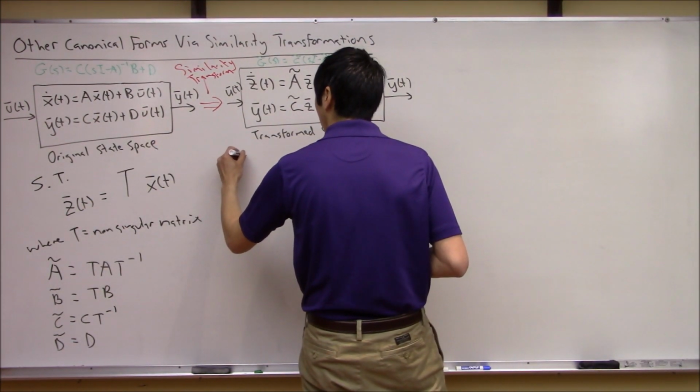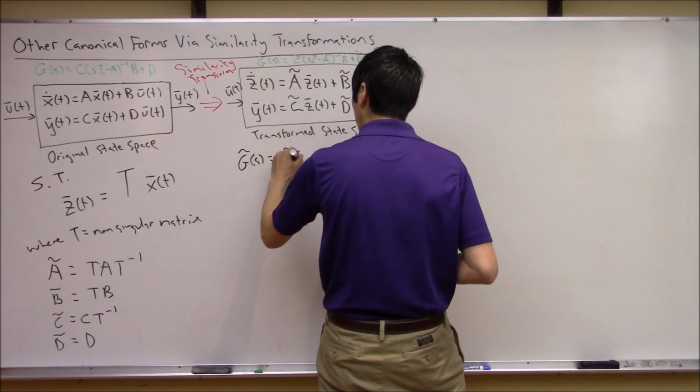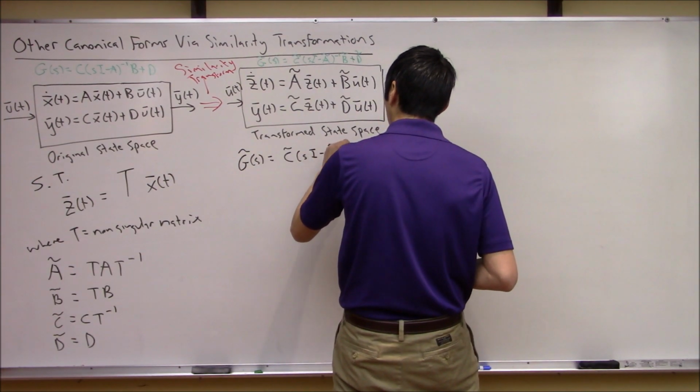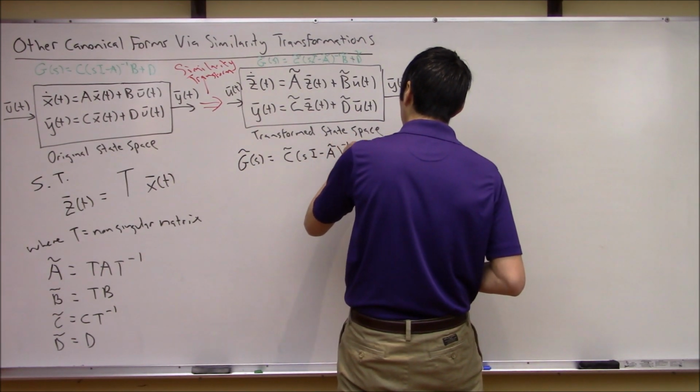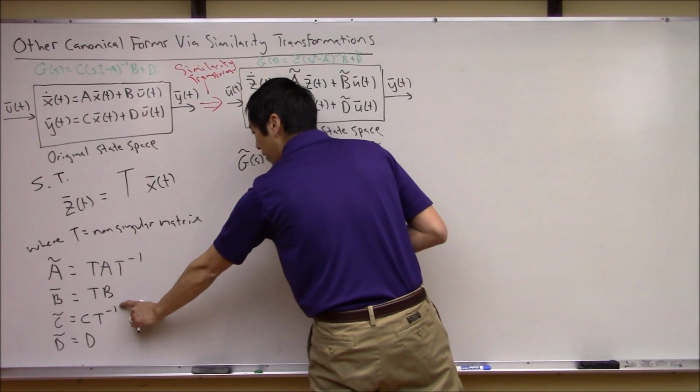So G tilde of s is equal to C tilde times sI minus A tilde inverse B tilde plus D tilde. Now let's substitute in all of these expressions.